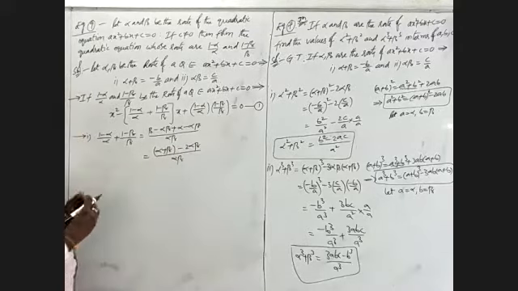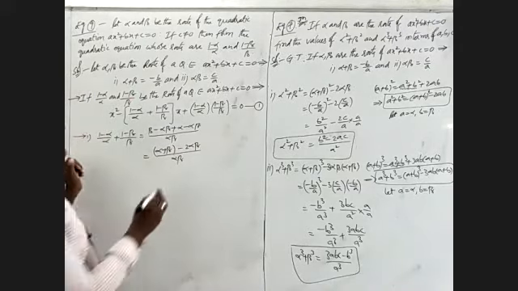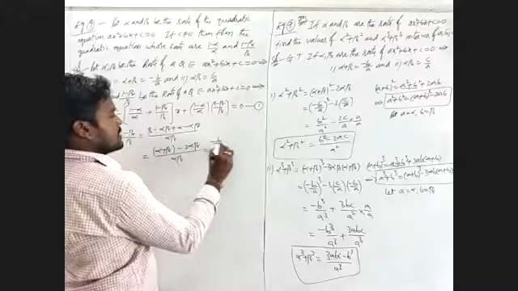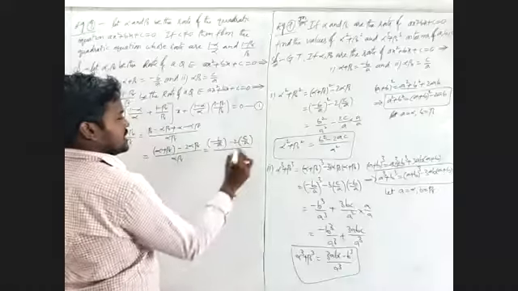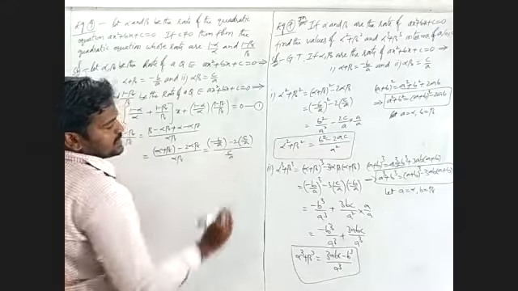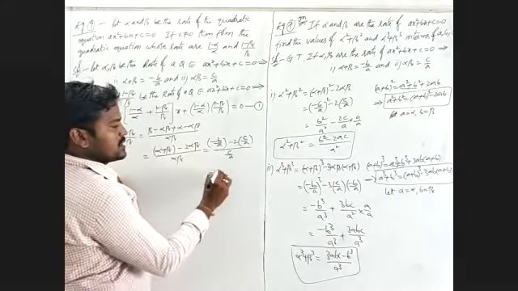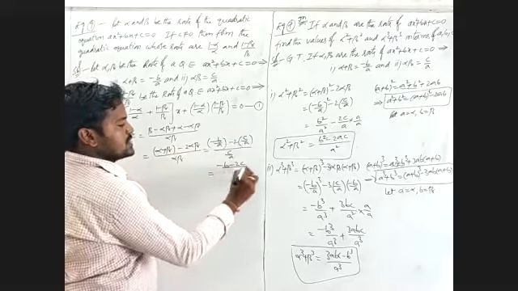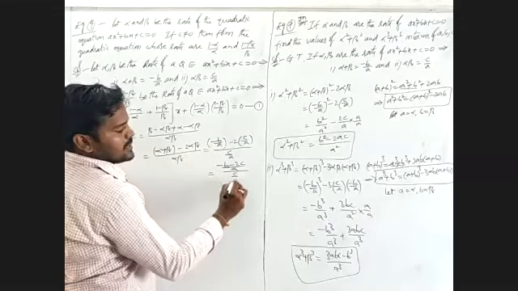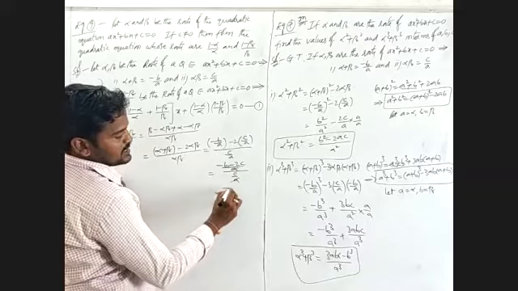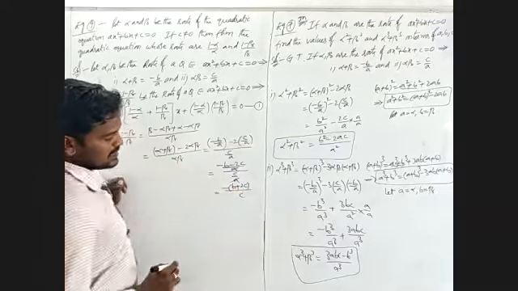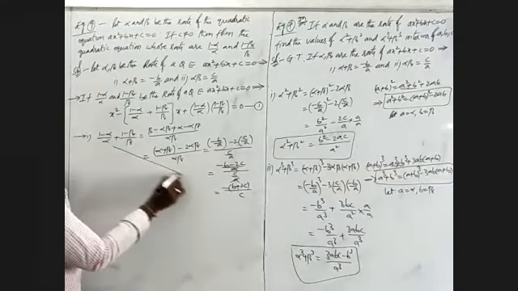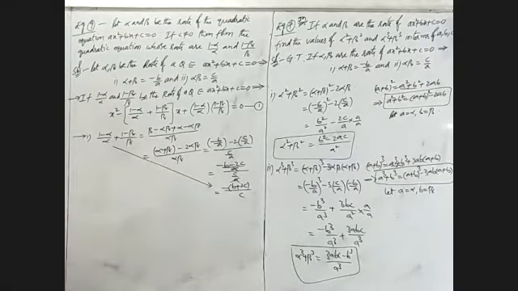What is the value of alpha plus beta? Minus b by a, minus 2 into c by a, by the denominator alpha beta, which is c by a. So minus b minus 2c by a, with denominator c by a; a will be cancelled, remaining minus b plus 2c by c. This is the value of 1 minus alpha by alpha plus 1 minus beta by beta.